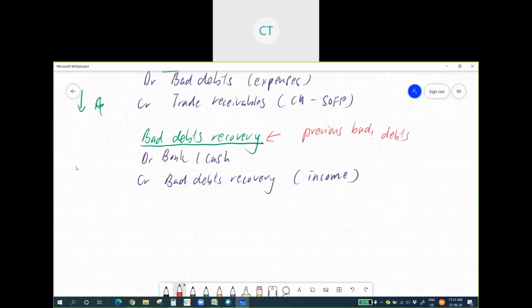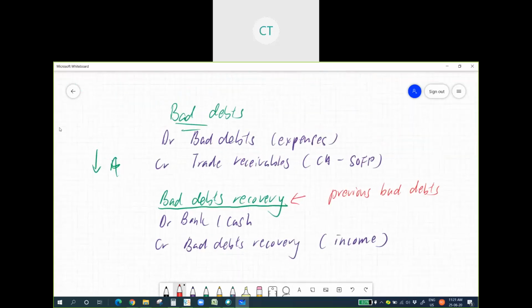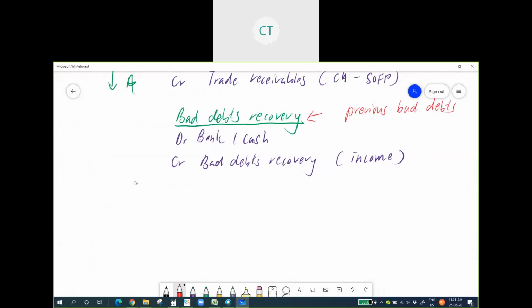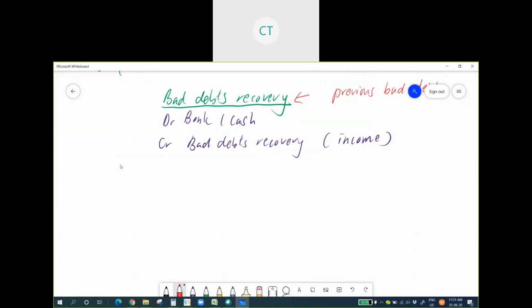Next, this one may be a bit complicated to you. So this concept we call provision for doubtful debts. So in simple words, what is provision for doubtful debts? It means that you suspect in the future you will have bad debts.